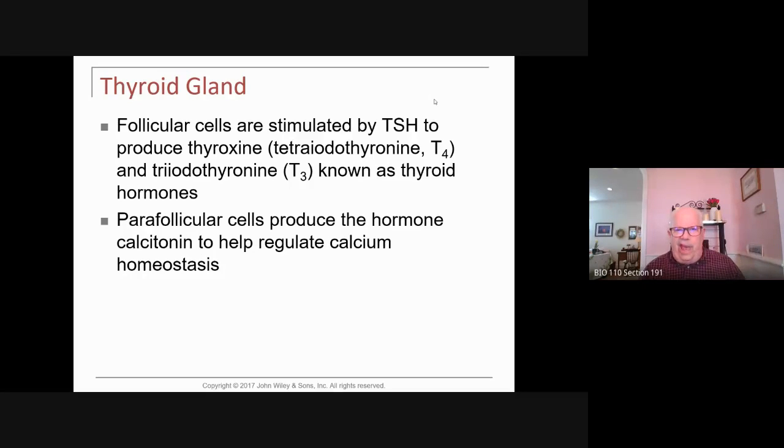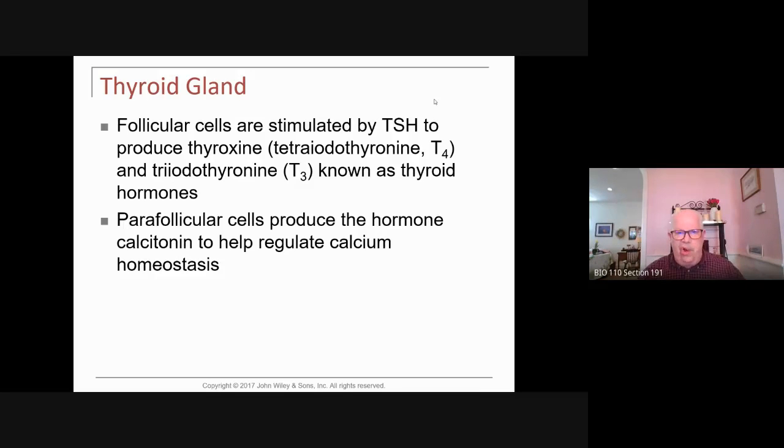The thyroid gland also has other cells in it, and those other cells are called parafollicular cells, and they also produce a hormone. And the hormone that they produce is calcitonin, and calcitonin helps regulate calcium metabolism.